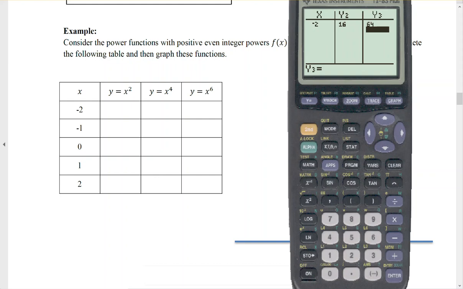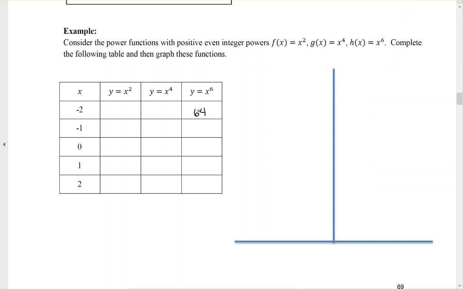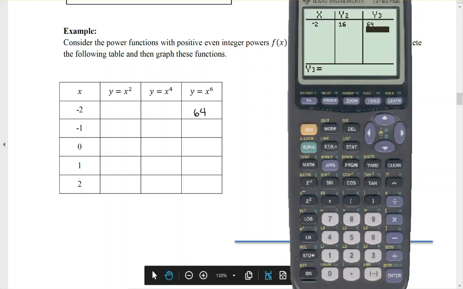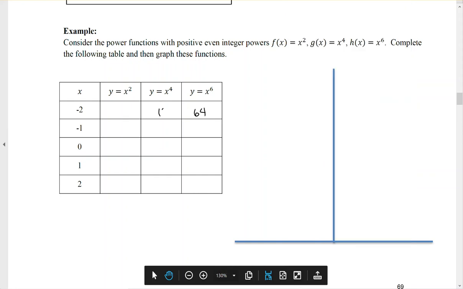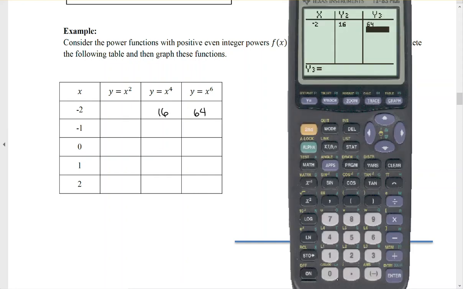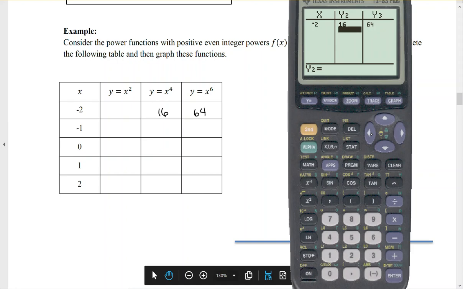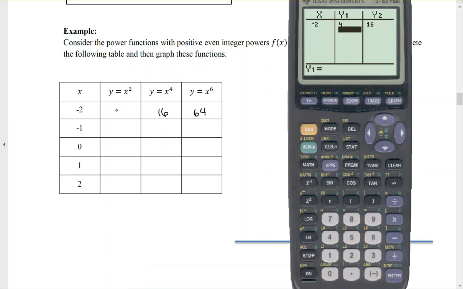So I can now type in -2 to the 6th power is 64. And -2 to the 4th power was my number 16. And then if I scroll over, I can see y sub 1, or -2 squared, was 4.